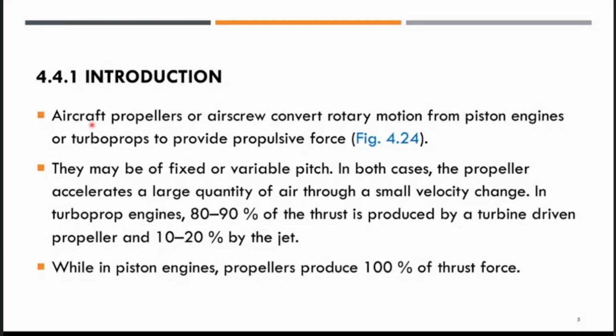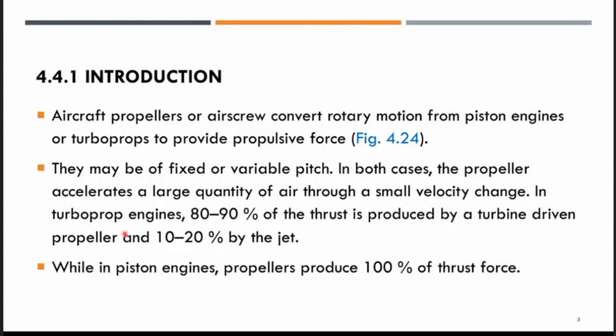All right. In both cases, whether the propeller is fixed or has a variable pitch, the propeller normally accelerates a large quantity of air through a small velocity change. This is the advantage of having a propeller propulsion system.